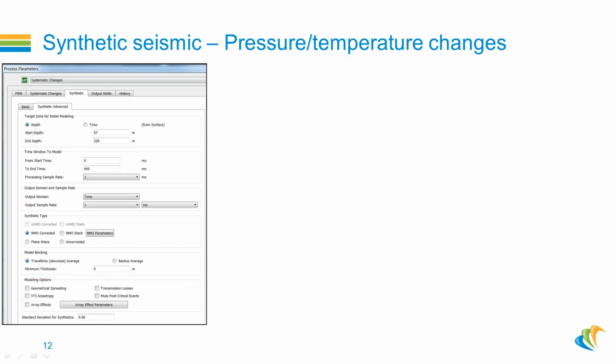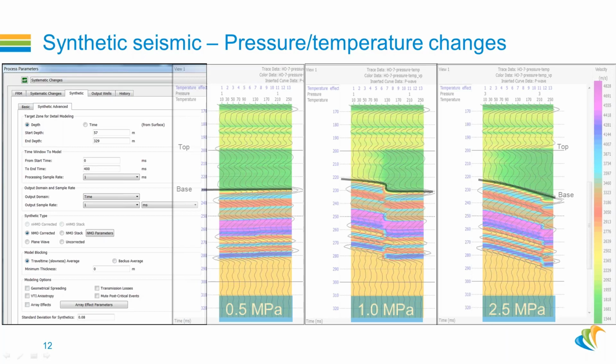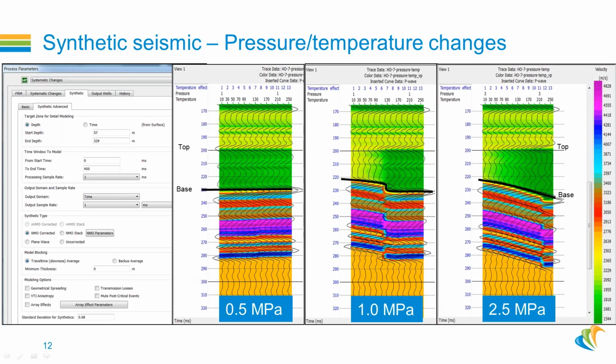But for this case, Pro4D just uses the one stack data or post stack data. So I'm just creating post stack synthetic data sets. So here with the example, each line is showing the temperature, the pressure variation.